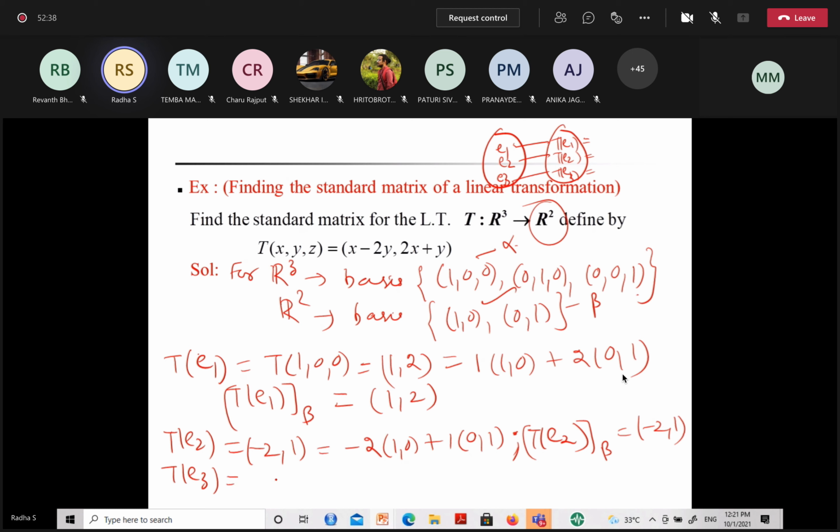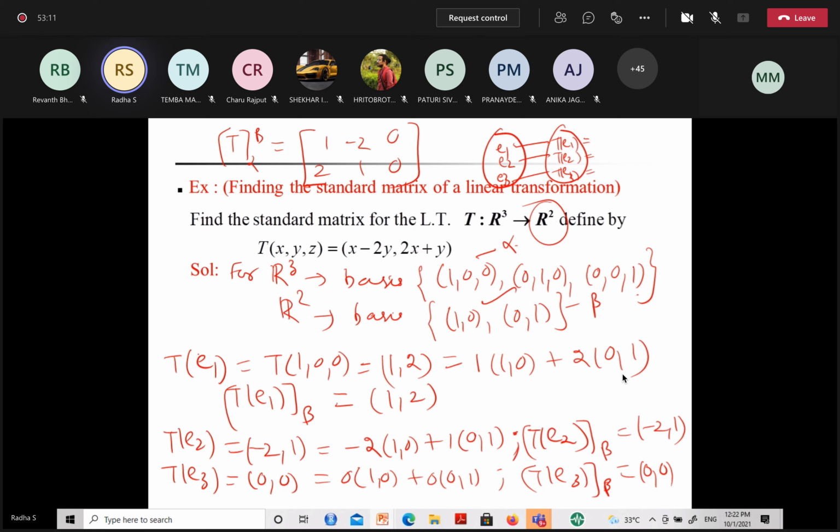T of E3 is 0, 0. What is the matrix? It is 1, 2; minus 2, 1; 0, 0.